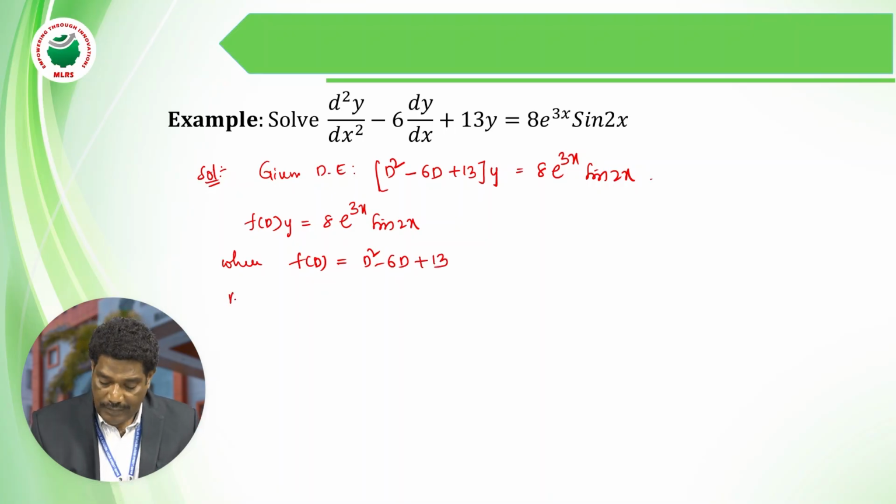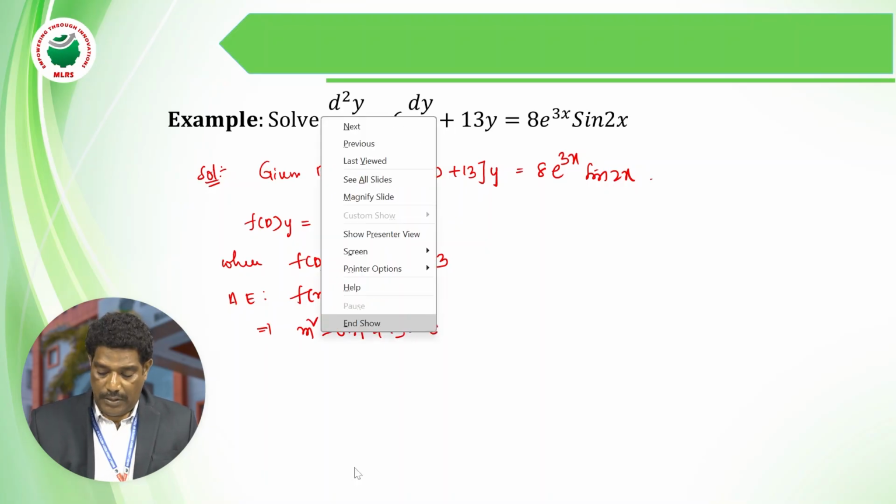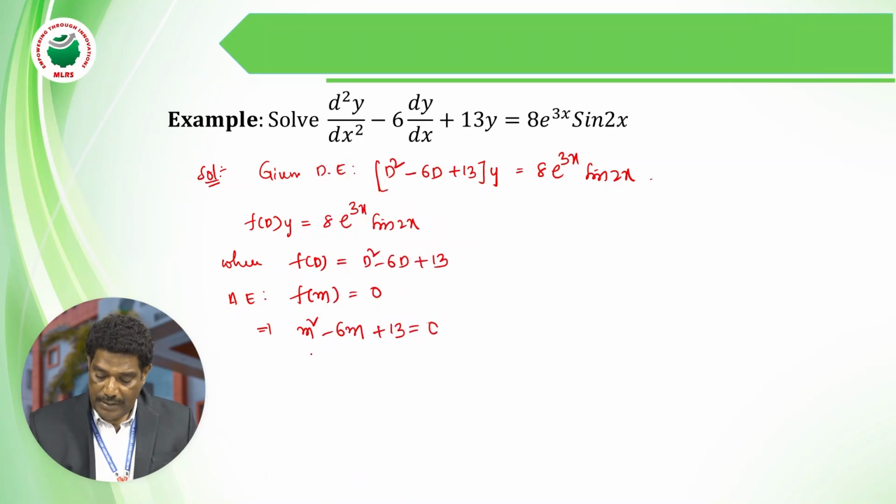Now take the auxiliary equation, AE. The auxiliary equation is f of m equals 0. That implies m square minus 6m plus 13 equals 0. Now this will be a quadratic equation. Now we need to solve this quadratic equation so that we get the two roots. Okay.